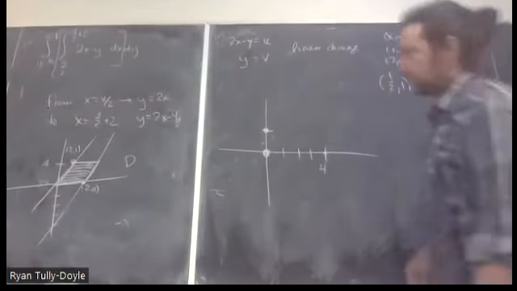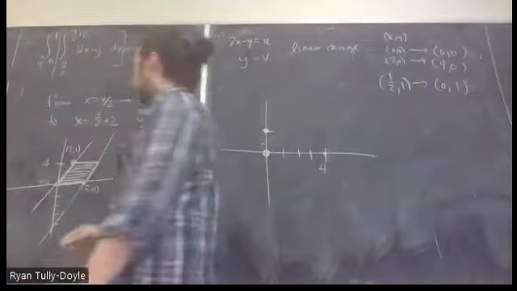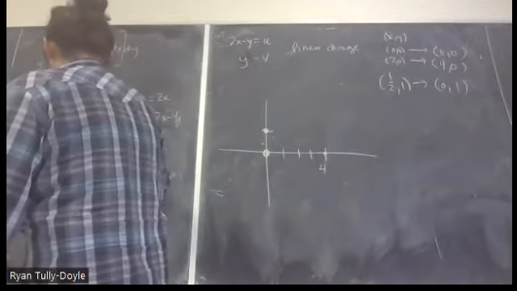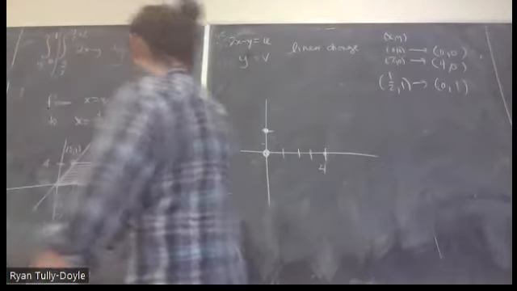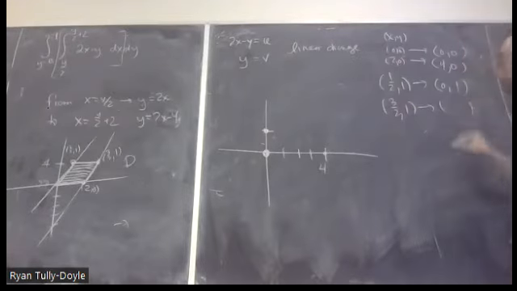And then the last corner is this guy out here, which is probably 3/2, 1 is my guess here. This is 3/2, 1. Where does that go? 3 minus 1 is 2, 1.